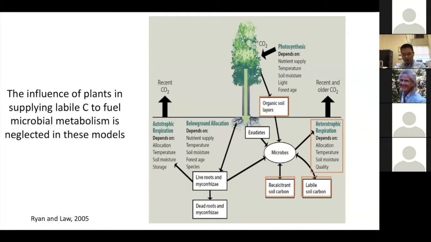Another question is that we know organic carbon decomposition is based on soil temperature, but photosynthesis is driven by other factors, and we are still unclear about this component.